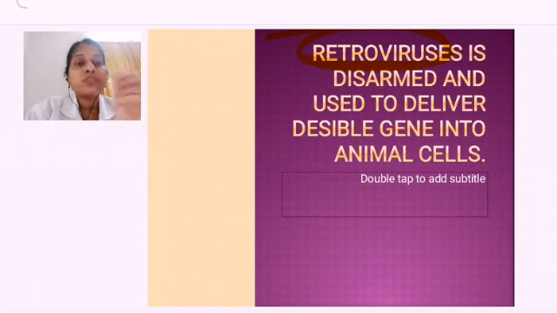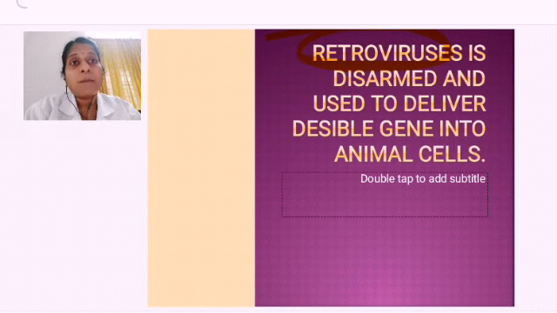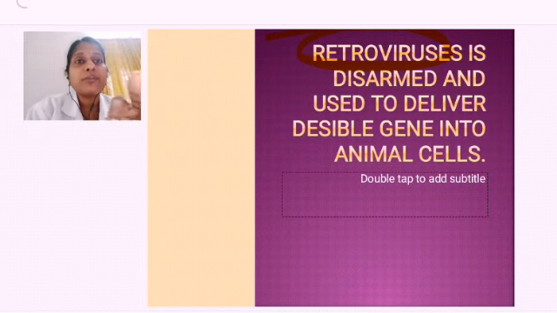So when it is put into the animal, this virus is no longer acting like a virus, because the virus which is responsible for causing diseases, causing some toxic substances, is disarmed. Disarmed means I am taking out its arm, which means I am taking out its property of causing something harmful. It is being taken out, and in that sequence I am introducing my gene of interest.